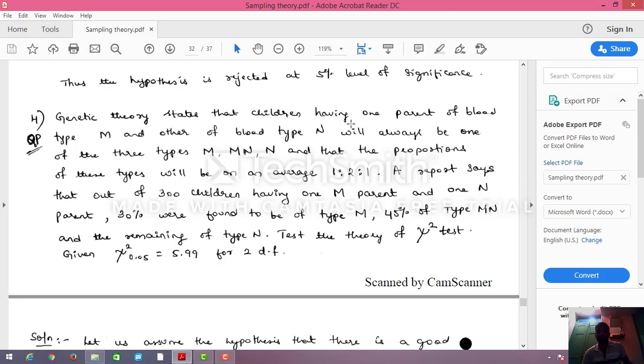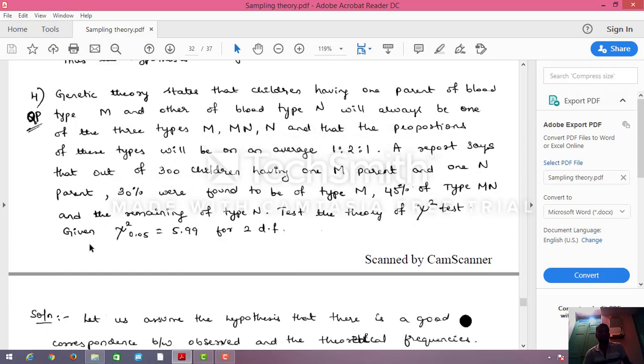A report says that out of 300 children having one M parent and one N parent, 30% were found to be M, 45% of type MN, and the remaining of type N. Test the theory by chi-square test.